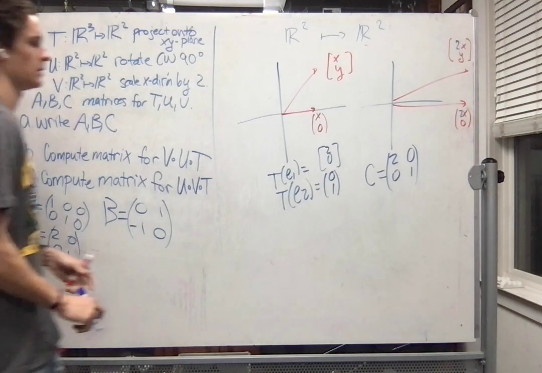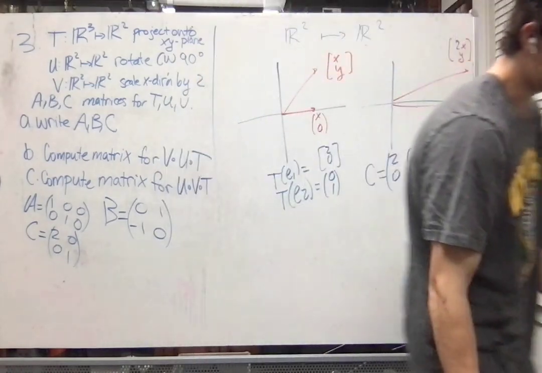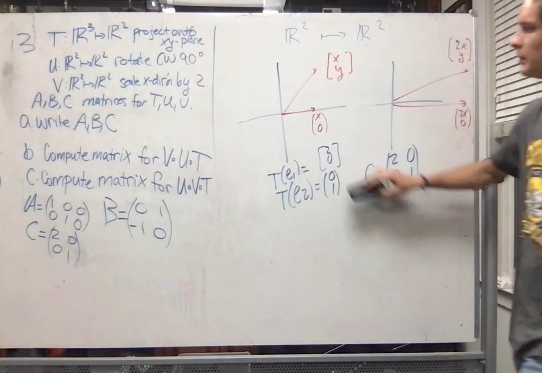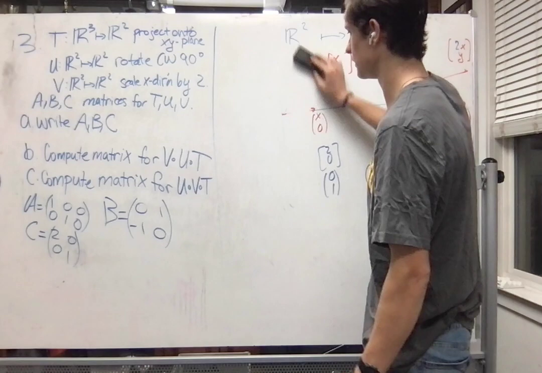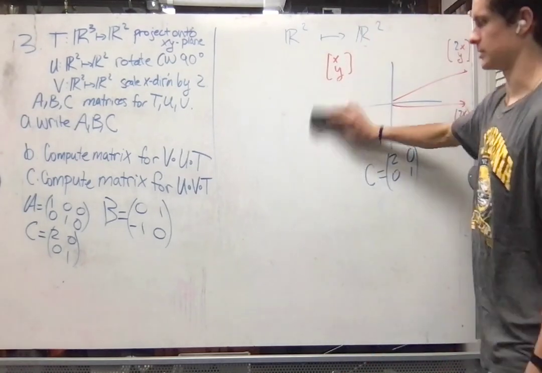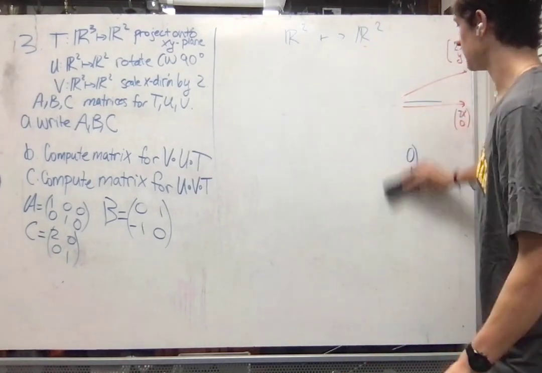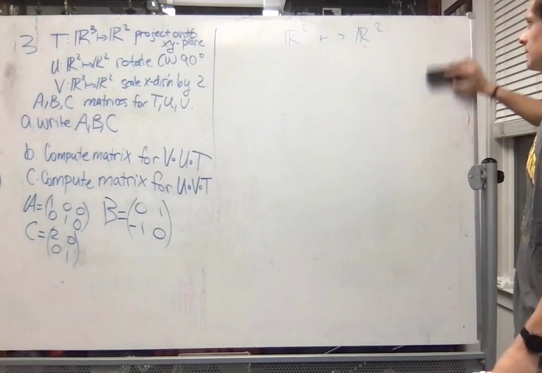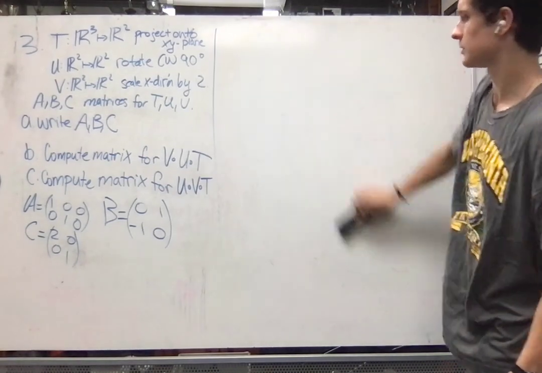Okay. All right, so for parts B and C, we have these two composite transformations. And there are basically two strategies that we can use to solve these problems.